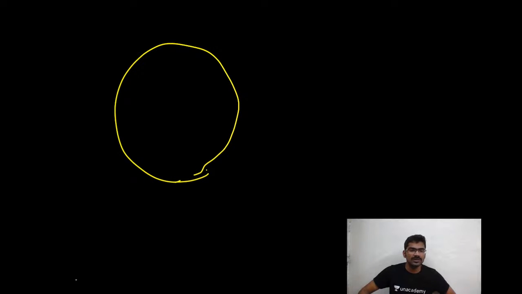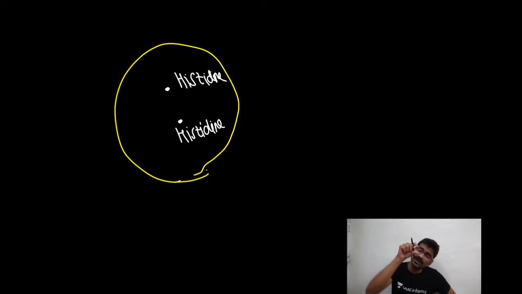But our hemoglobin is kind of an exception. In the core of the hemoglobin, you find certain hydrophilic or polar amino acids, histidine. Is this clear? Normally, globular proteins won't have polar amino acids inside the core, but hemoglobin has two particular histidine residues in the core of the molecule.